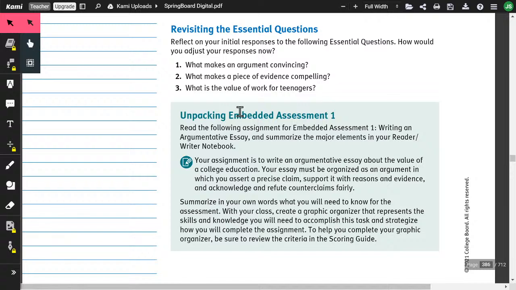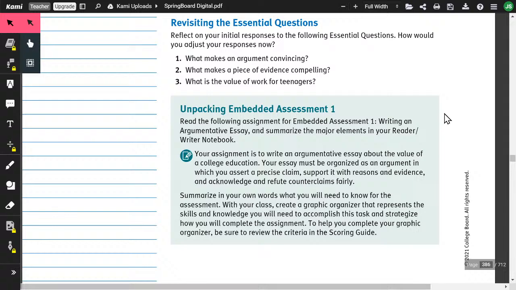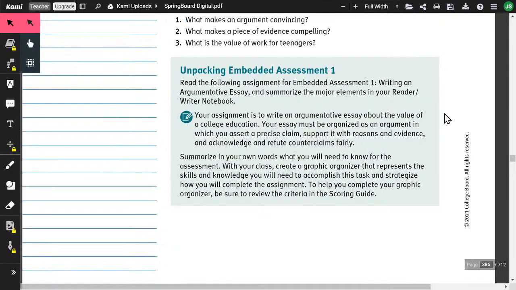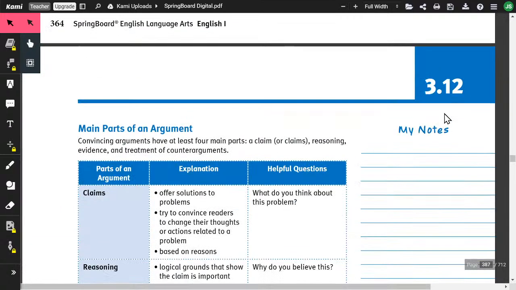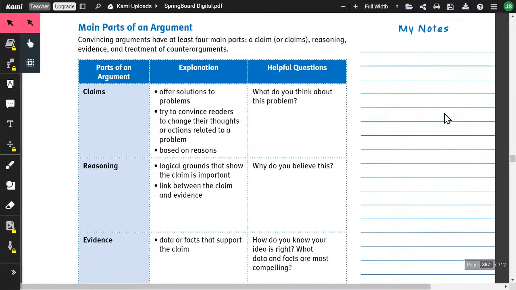And now, as we're wrapping these things up, what is the value of work for teenagers? Now, you guys wrote an essay a while back talking about what good jobs might be for teenagers. That was way back in the first semester. But we're going to be reading today parts of an argument, and I want to kind of break down what the main parts of an argument are.